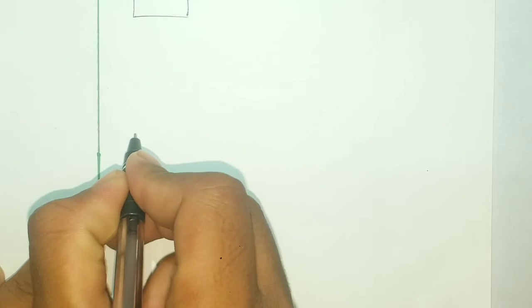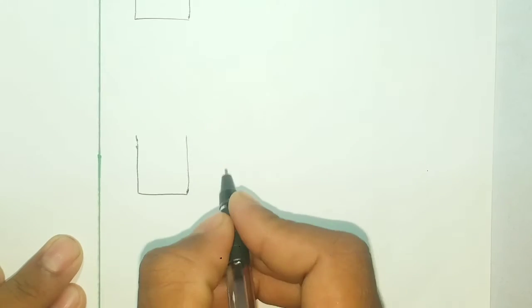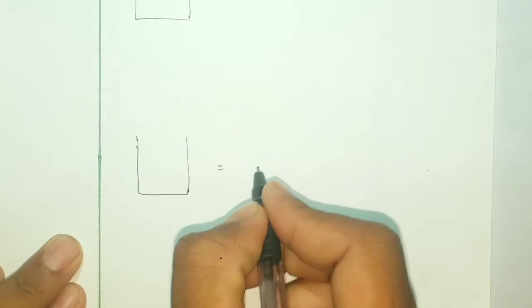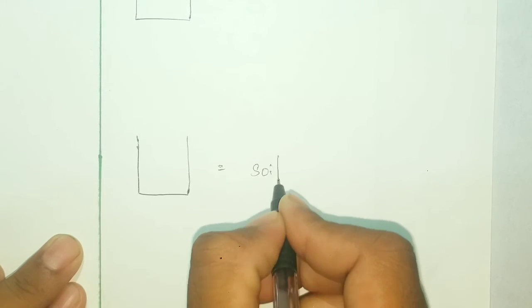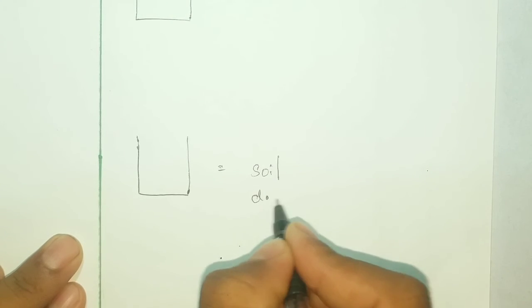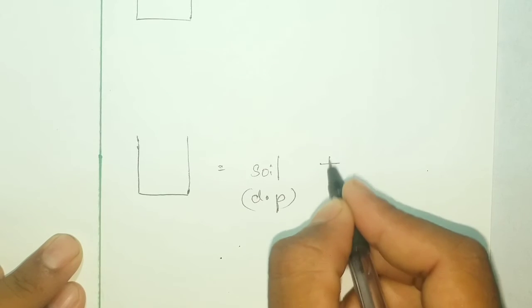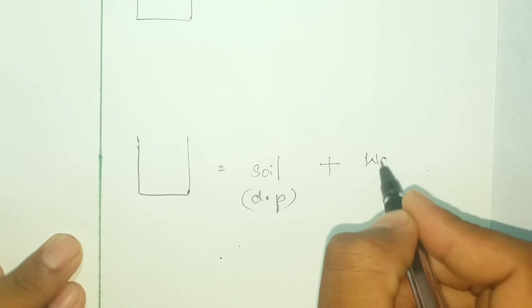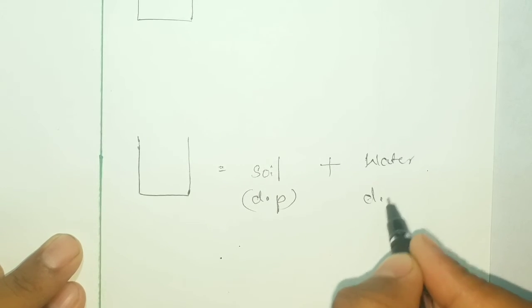How? Let us take a beaker, and in that we add soil. It is the dispersed phase, plus water as the dispersion medium.